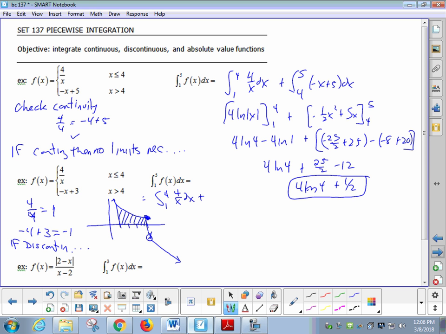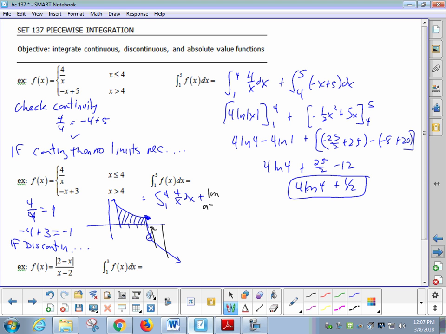However, the other guy is not inclusive of the endpoint, and so what do you reckon we must do to deal with that in a good calculus way? A limit. Let's create an A and talk about A going to what, from where? 4 from the right.